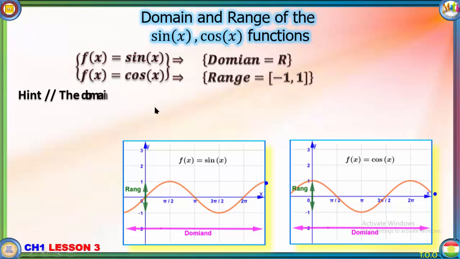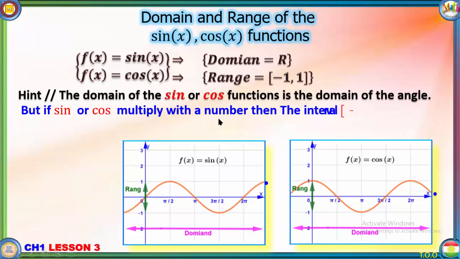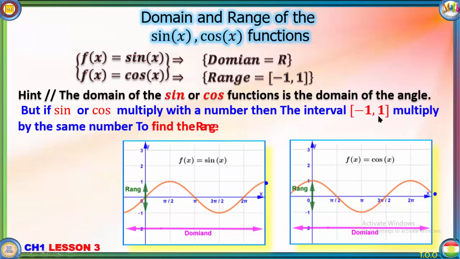Be careful, the domain of the sine or cosine function is the domain of the angle. But if sine or cosine is multiplied by a number, then the interval -1, 1, which represents the range, is multiplied by the same number to find the range.